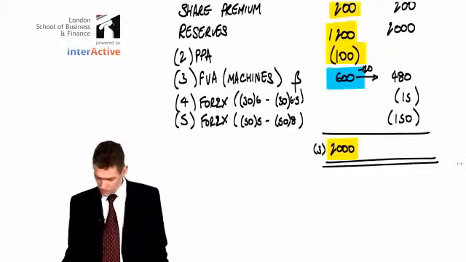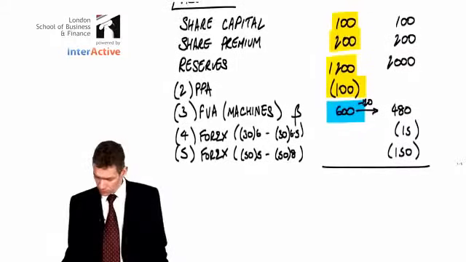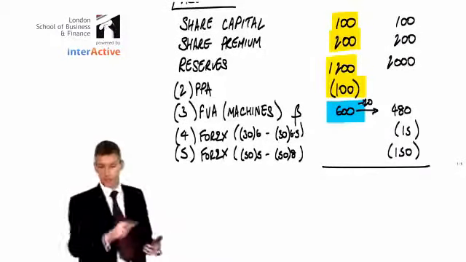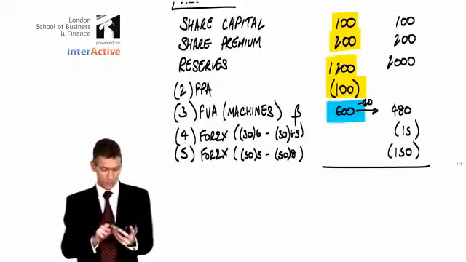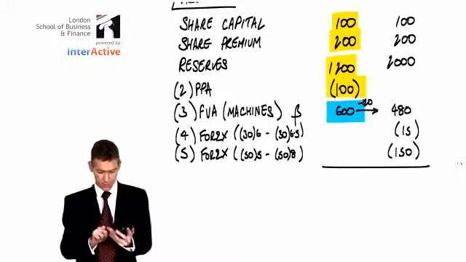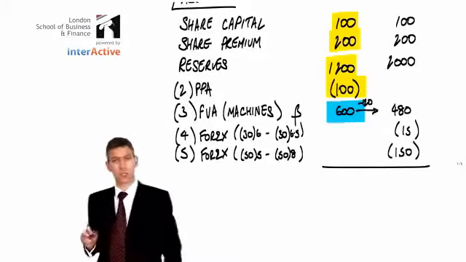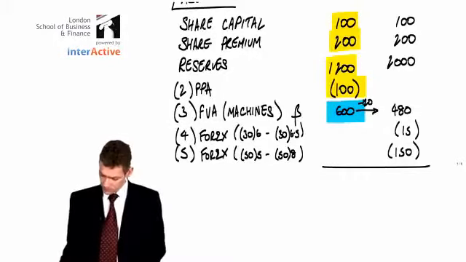So, this is a bit tricky for me to do all on one page, isn't it? But what the heck, I'll have to give it a go. So using the figures we're going to add down now. So 100 plus 200 plus 2000 plus 480 minus 15 minus 150 is 2615, which does sound familiar to me.